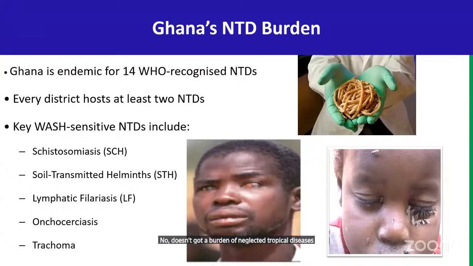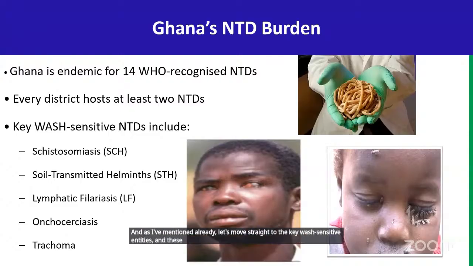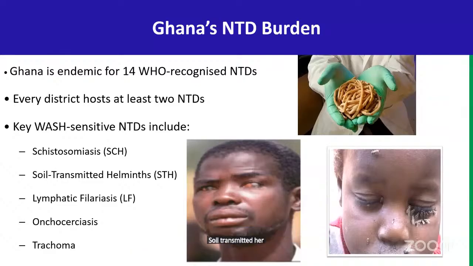And as I've mentioned already, let's move straight to the key WASH-sensitive NTDs, and these include schistosomiasis, soil-transmitted helminthiasis, lymphatic filariasis, onchocerciasis, and trachoma. And the photos you see over here speak about these conditions.